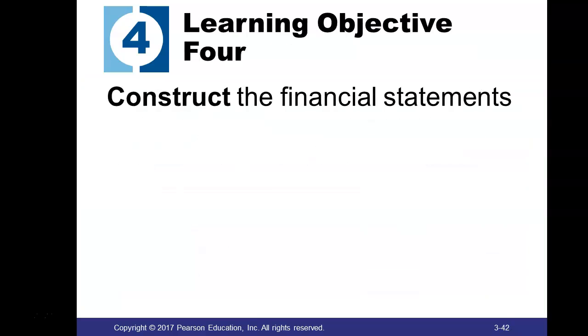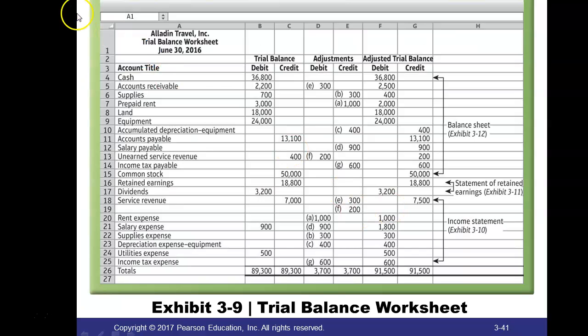Now I'm going to go back a second and just take a look at it. If you look at how we presented this trial balance, you'll see the assets and liabilities and equity, right? And then we're going to see our revenues and our expenses. It's clear to me that here is our balance sheet from row 4 all the way down to row 17.